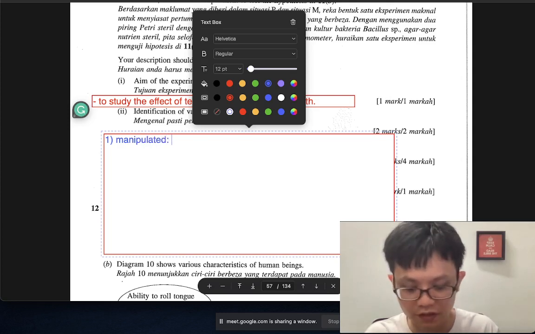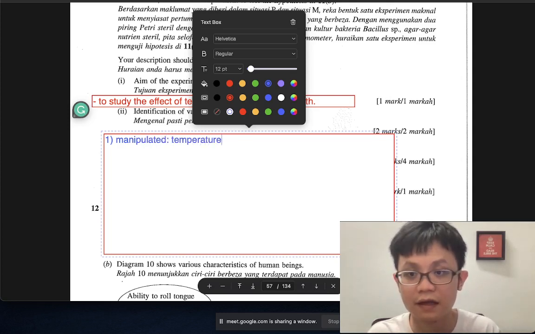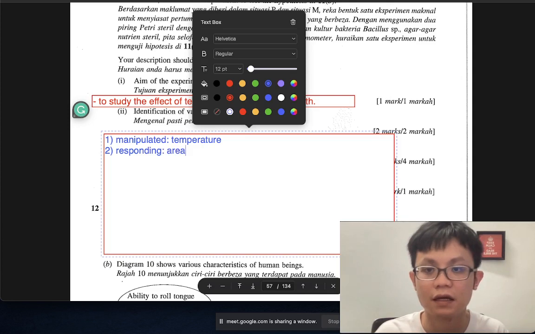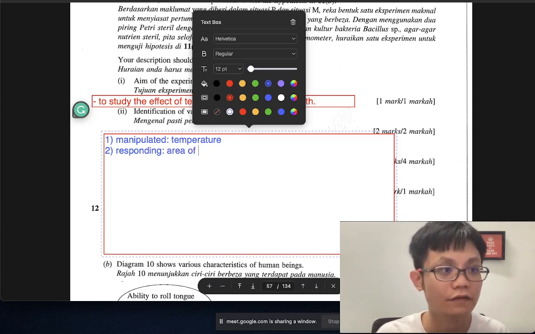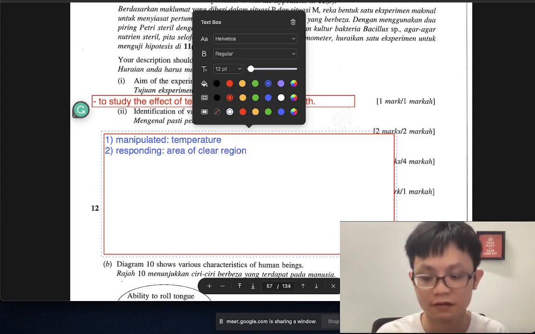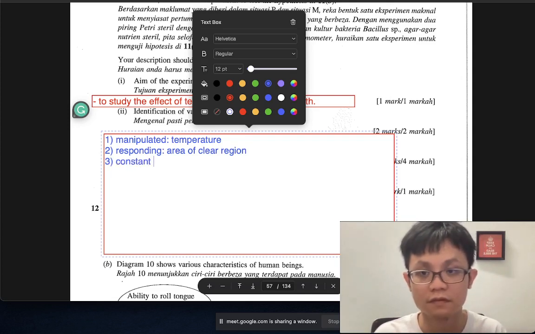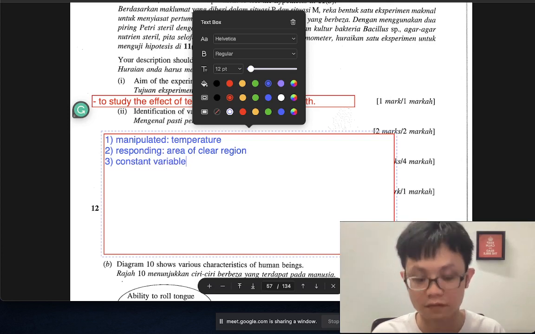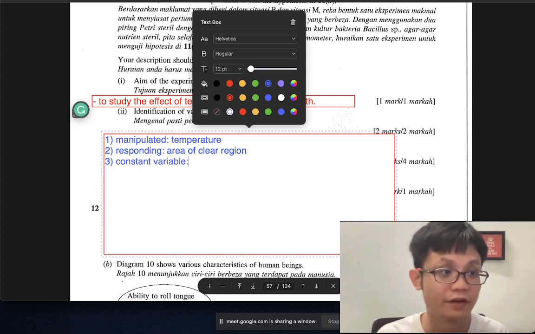Then responding is area of clear region. Then constant is type of bacteria.